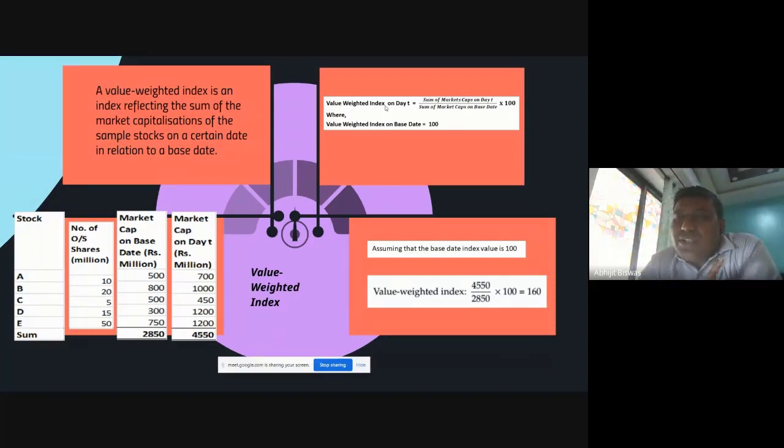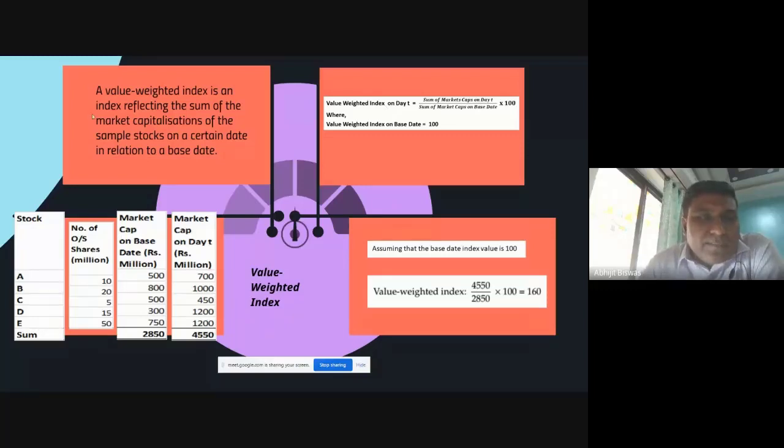In the second method, we talked about the sum of price relatives. In the third method, we are talking about the sum of market capitalization. Market caps means market capitalization. So the sum of market capitalizations on day T divided by the sum of market capitalization on the base date multiplied by 100, where 100 is nothing but the value weighted index on the base date.